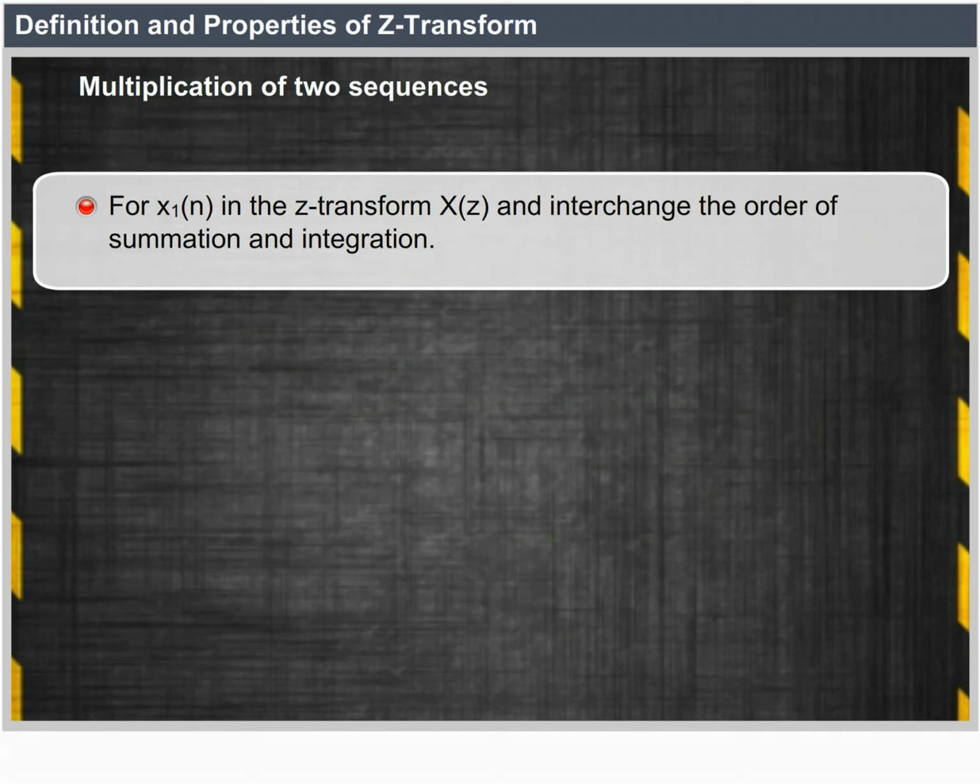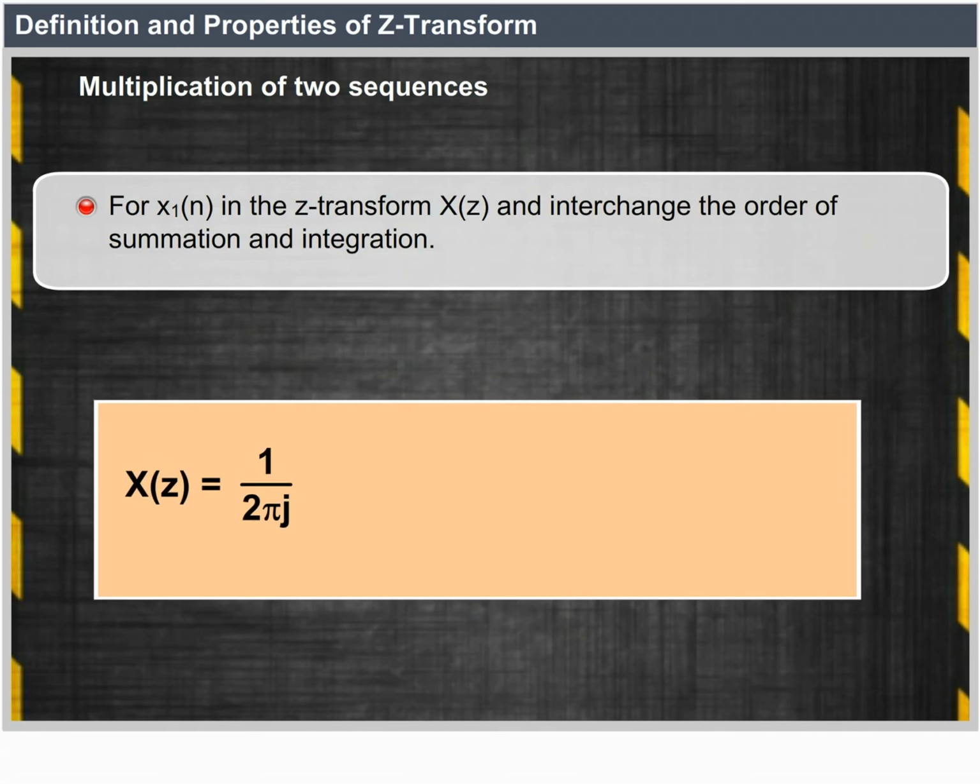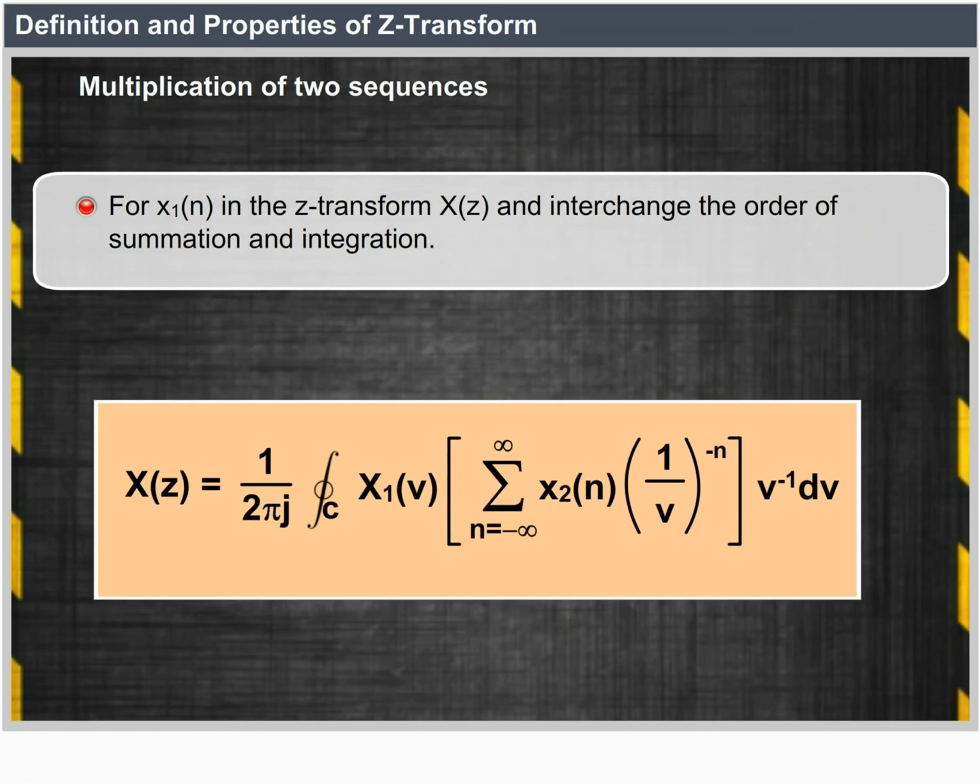X(z) equal to 1 divided by 2 pi j closed integral X1(v) into, within the bracket, summation n equal to minus infinity to plus infinity x2(n) into (z divided by v) whole power minus n, into v power minus 1 into dv.